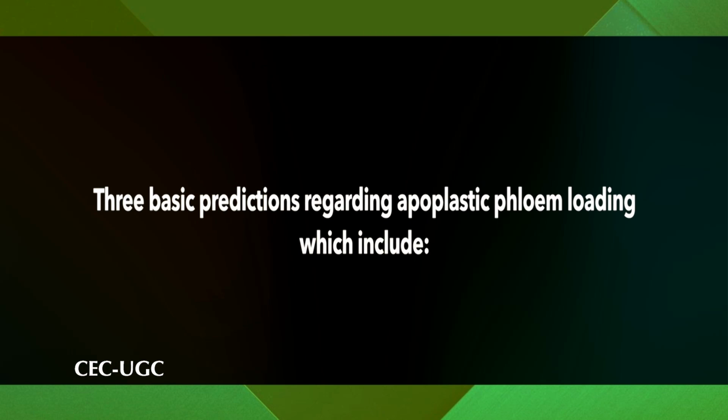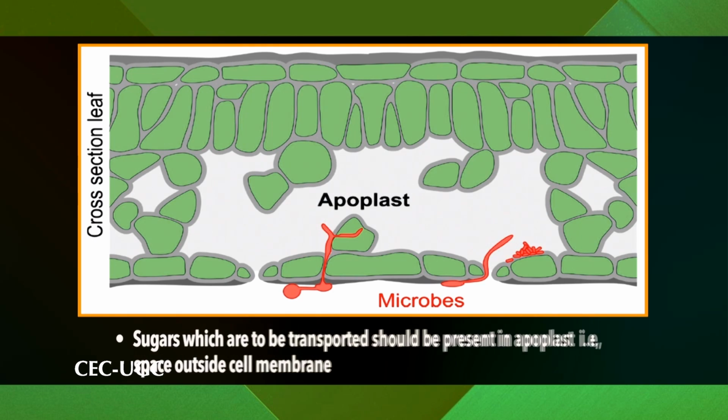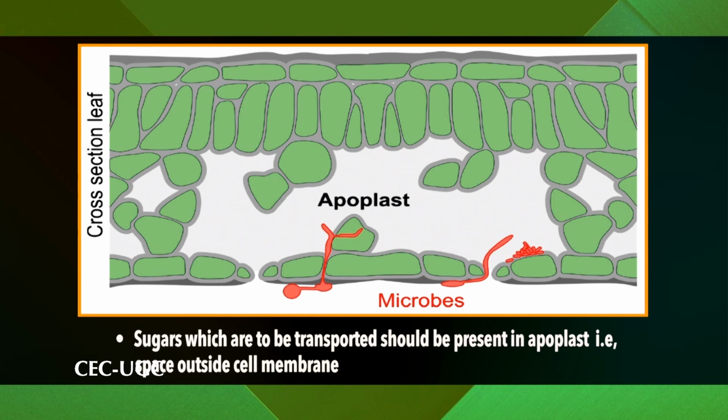There are three basic predictions regarding apoplastic phloem loading, which include: number 1, the sugars which are to be transported should be present in the apoplast, that is, the space outside the cell membrane.